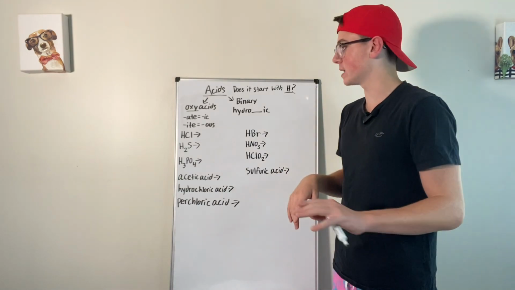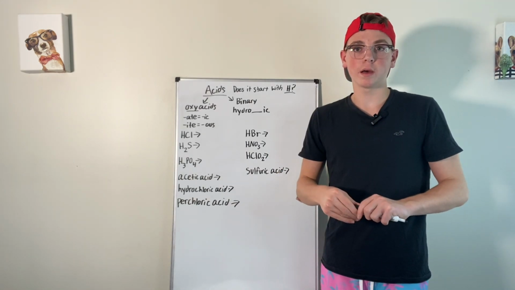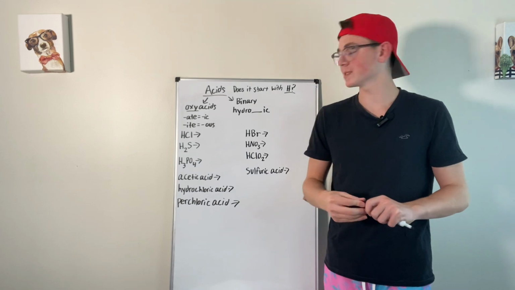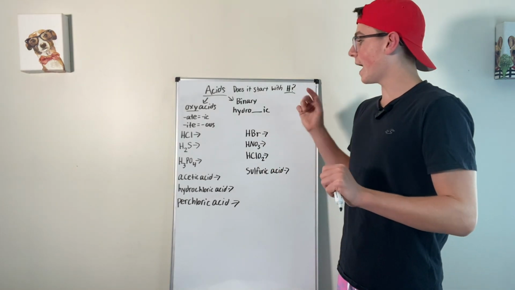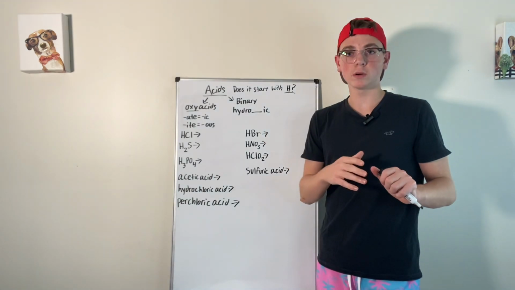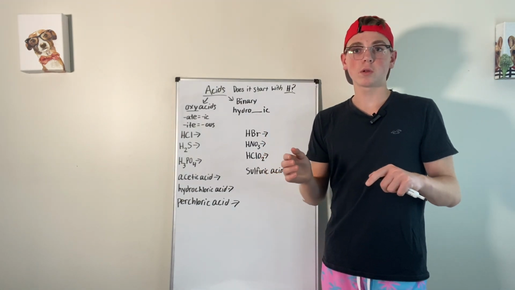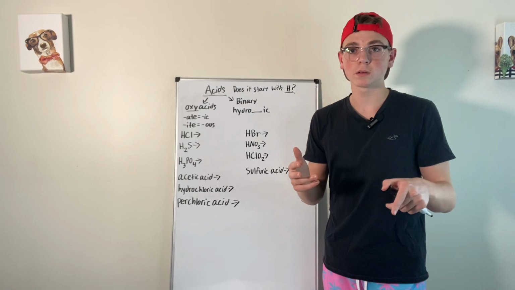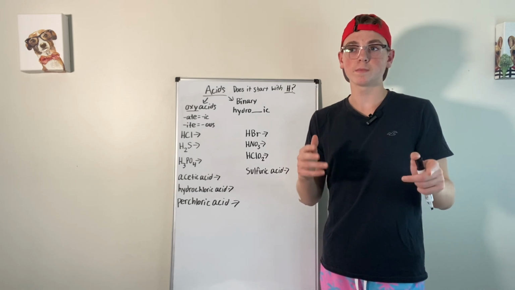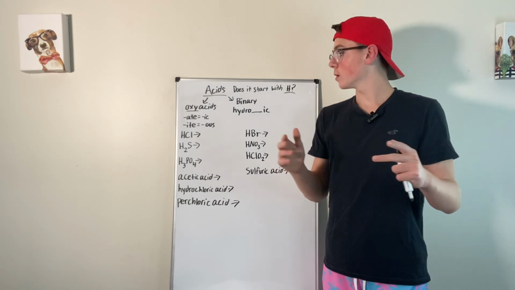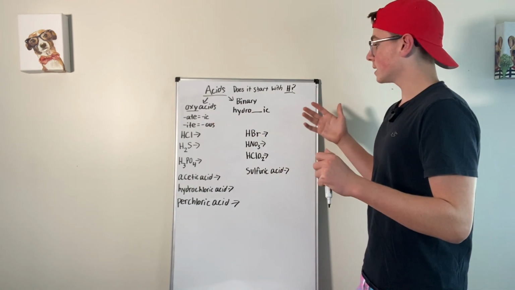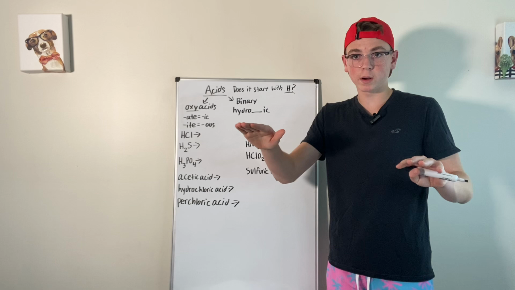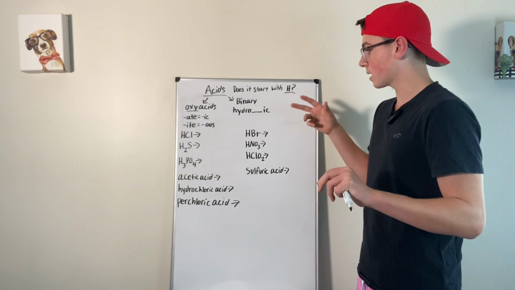Well, that's a bad example to start on. Like nitrate will be nitric. Then ite will go to ous. So like chlorite will be chlorous. Perchlorate will be perchloric. Okay, and then binary is hydro, whatever the element is, ic.